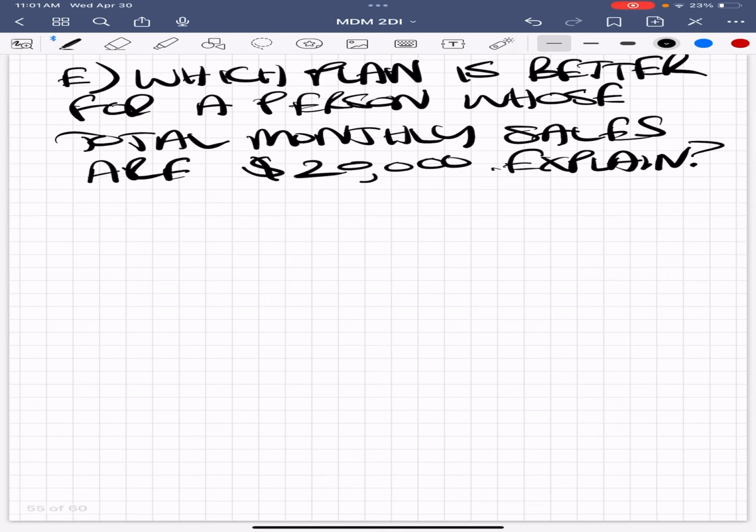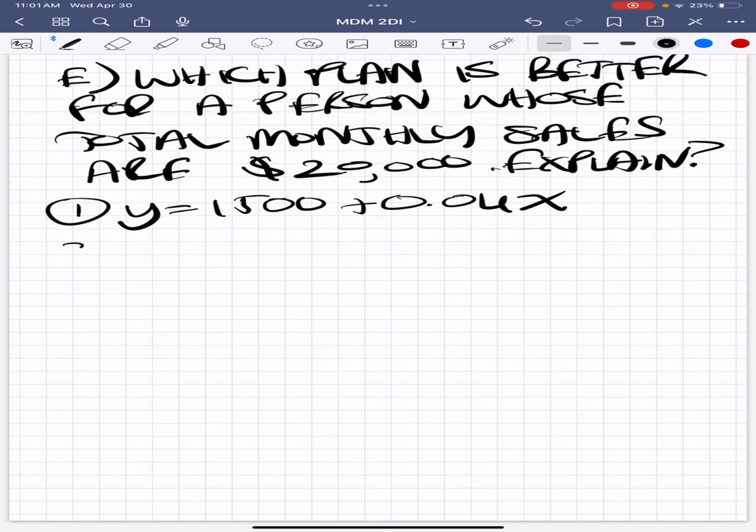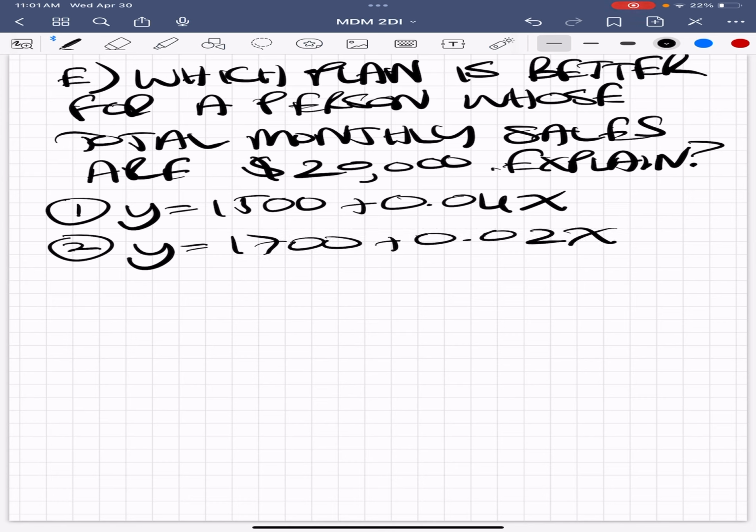Which plan is better for a person whose total monthly sales are $20,000? Explain. So we have y equals 1,500 plus 0.04x, and y equals 1,700 plus 0.02x.